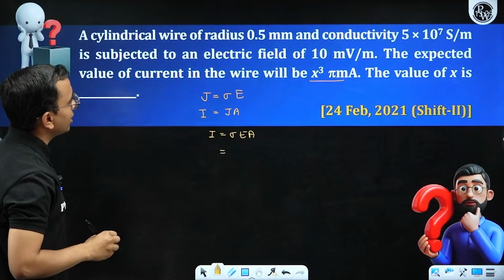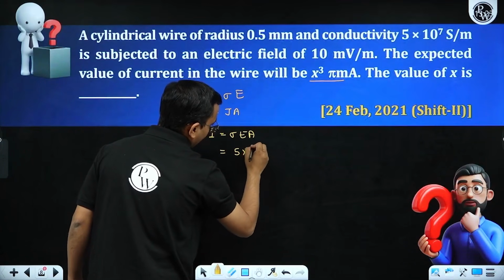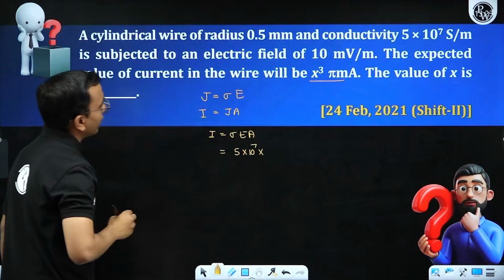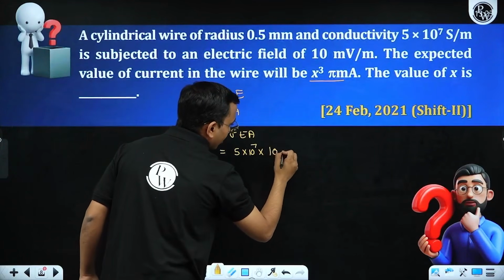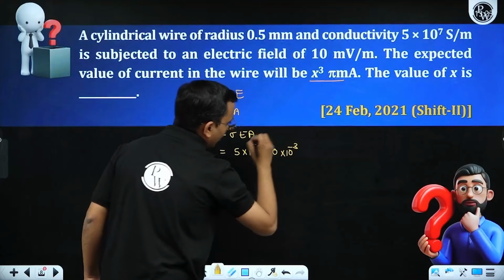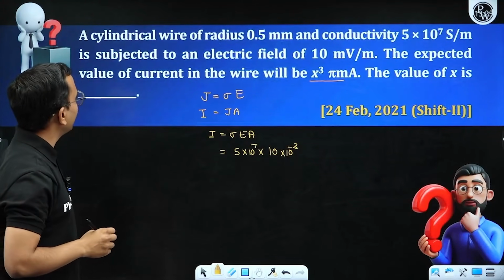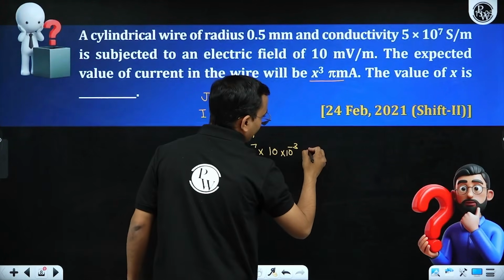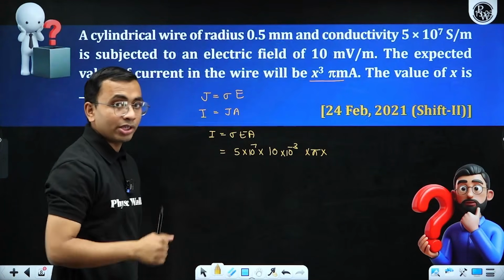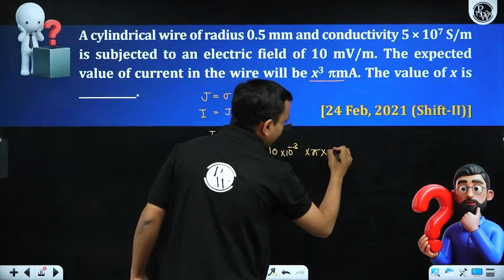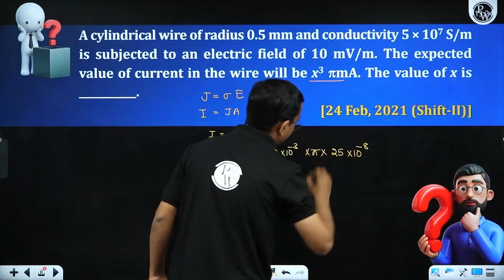Sigma is 5 into 10 to the power 7, into electric field 10 millivolt per meter, so 10 to the power minus 3, into area. Area is pi r square. So into pi. Radius is 5 into 10 to the power minus 4. Square of that will become 25 into 10 to the power minus 8.